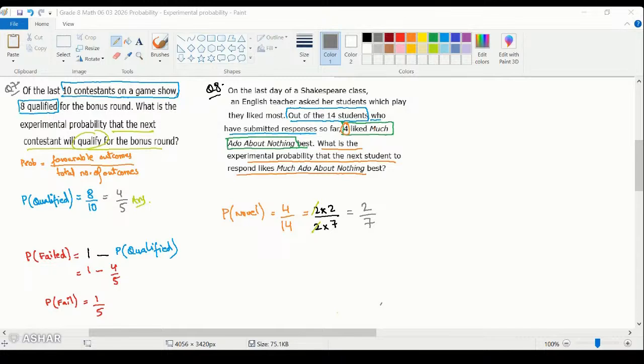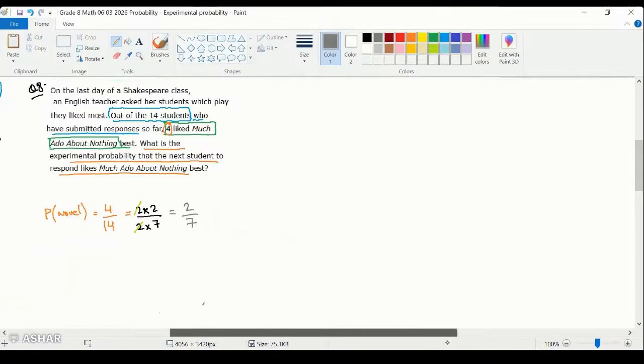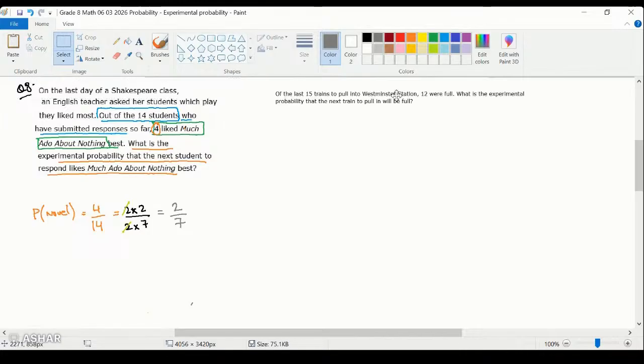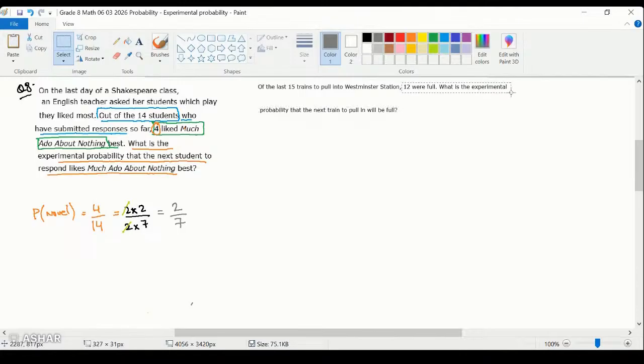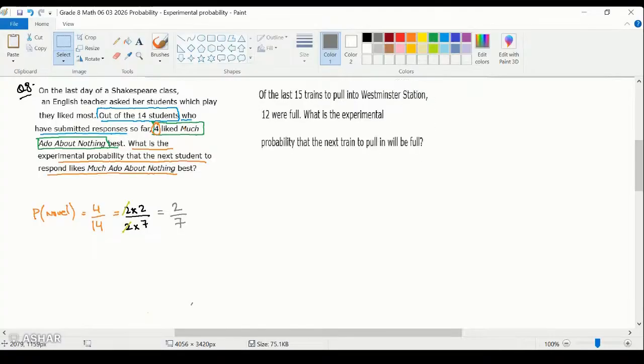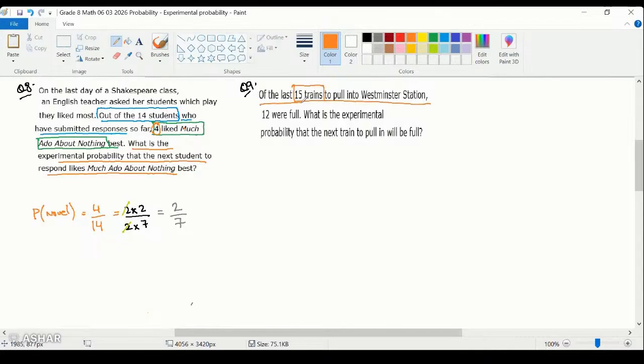For the next question, question number 9, it says: of the last 15 trains to pull into the station, 12 were full.